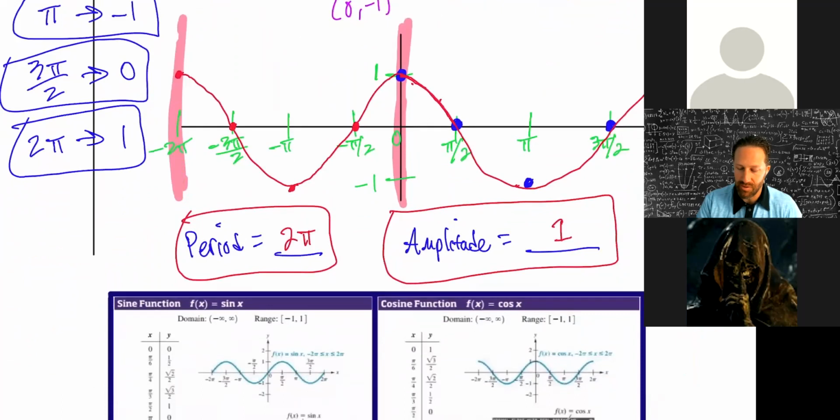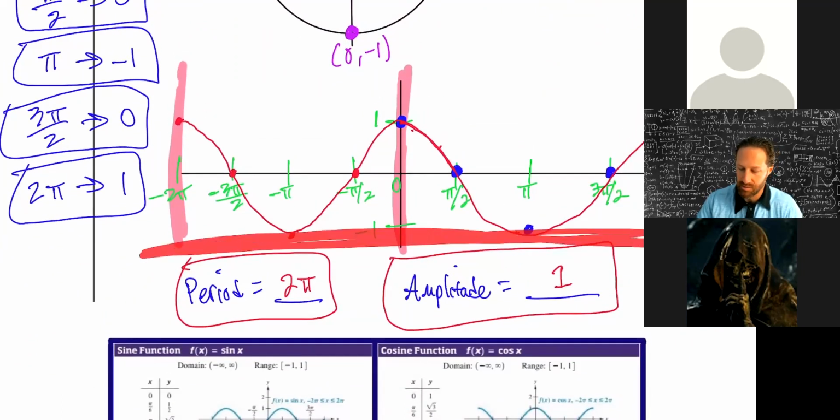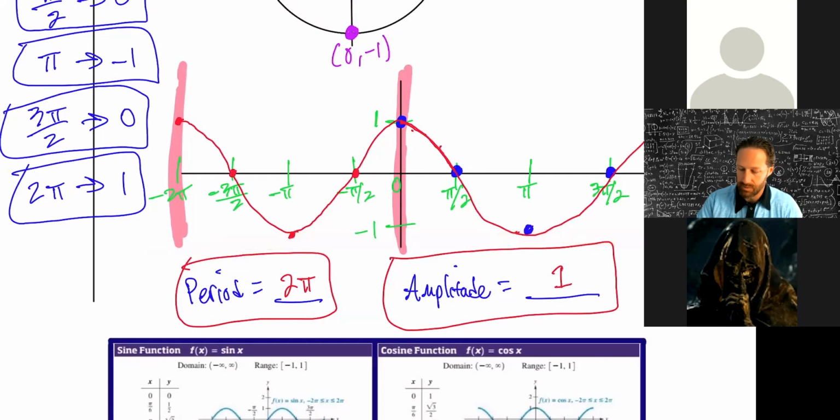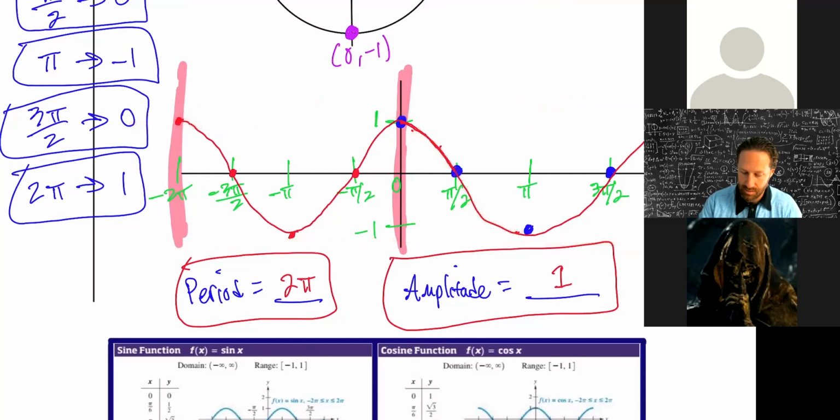But the range of values that we get starts at a lowest value of -1, and we hit everything else all the way up to a highest value of what? 1. So our domain for sine and cosine is anything from negative to positive infinity. Pick any value and plug it in. You will get something out.